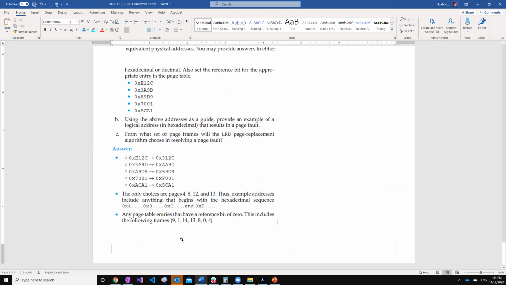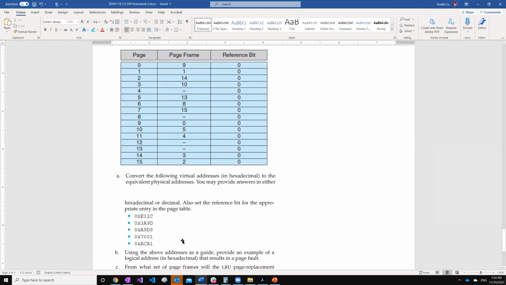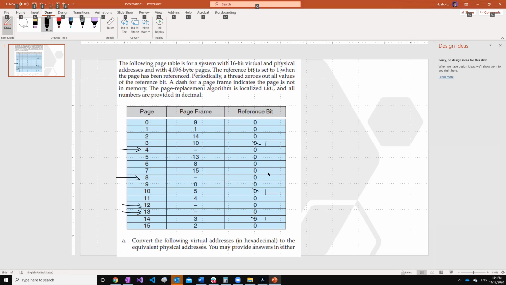This is asking about the LRU and what is the criteria for the LRU to choose a page to replace, okay? And of course, anything marked with 0, and of course, we will have something marked as 1. That means we recently visited them, so please do not change them, okay? So if you see something 0, then replace it with the desired page that will get the work done, okay?